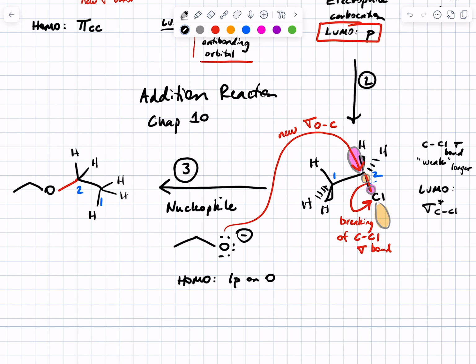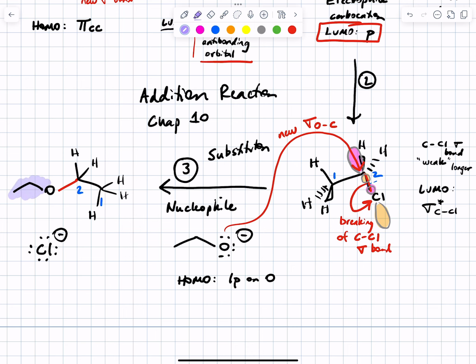By the way, this reaction that we just did is called a substitution reaction because the chloro here got swapped out for the nucleophile. In other words, before the reaction, chloro was attached to carbon 2.